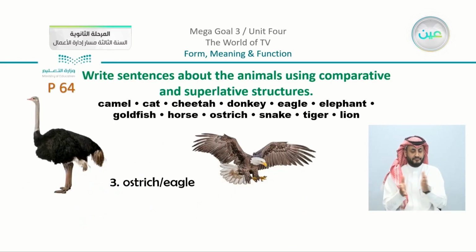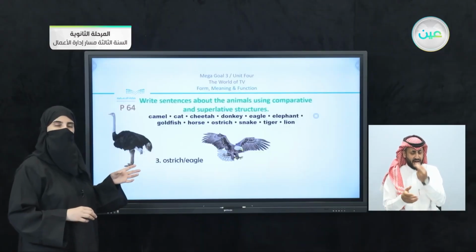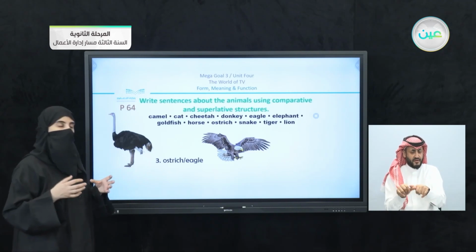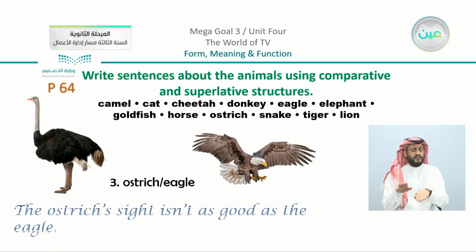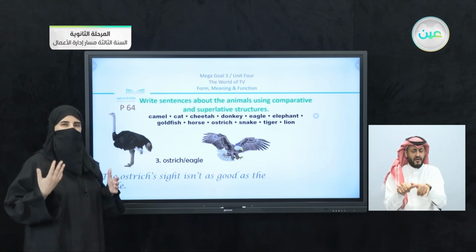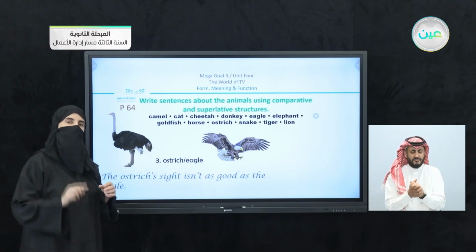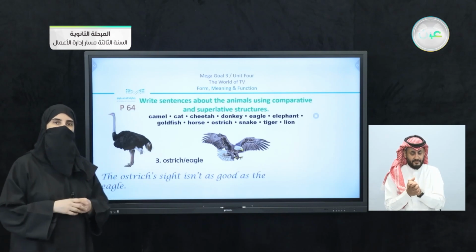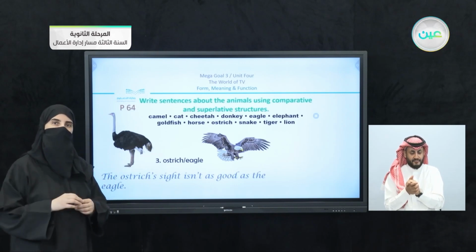We have here the ostrich and the eagle. Now we can say that they all are from the bird types, but how can I compare? We can say that the ostrich's sight. Do you remember when we talked about the ostrich in our first unit and said that it has poor eyesight? The opposite, it has very strong eyesight. Or accurate, we can say.